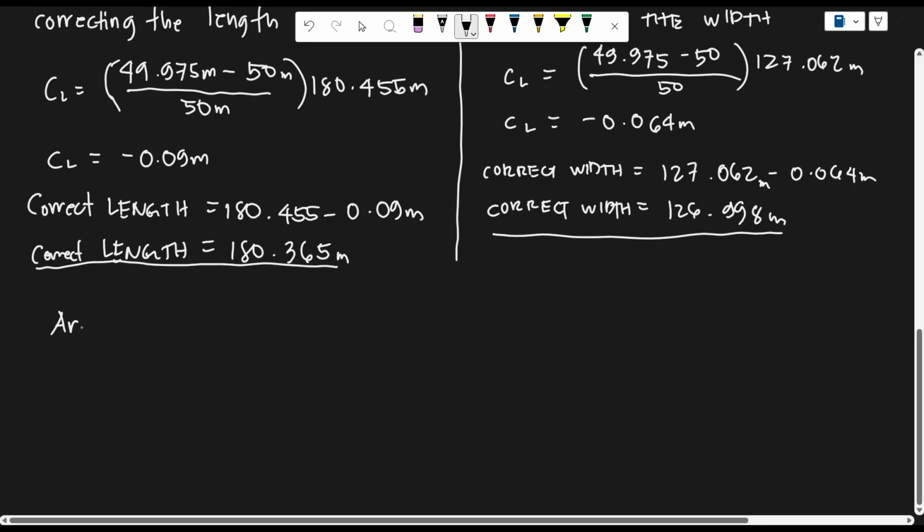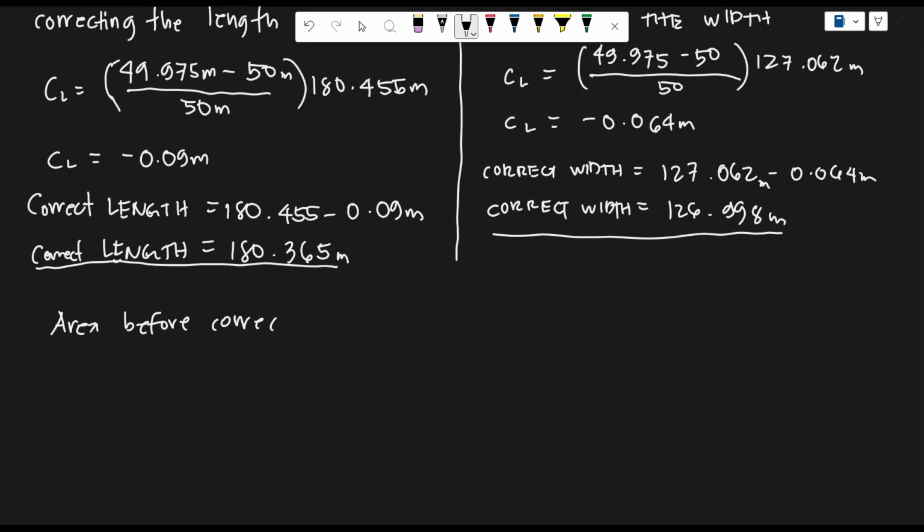The area before correction is equal to, so let's just multiply this old value, the uncorrected value, this one and this one right here. So if you multiply those, you will get 22,928.973 square meters.